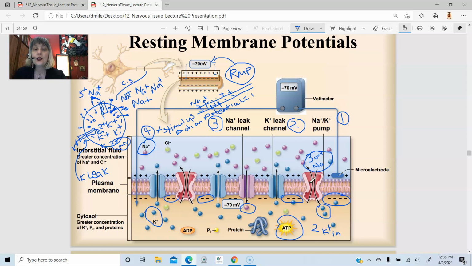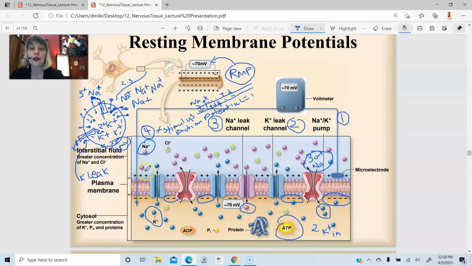However, here's the main point I want to get across to you. Once we pump out 3 sodiums and then 2 positive ions are coming in, potassium, there is more positive outside versus inside because it's a 3-to-2 ratio, right? Okay, so again, we're actually throwing more positive things outside than we are inside in this case. So we have 3 sodiums outside and 2 potassiums inside, which means we have a slightly greater positive charge on the outside.